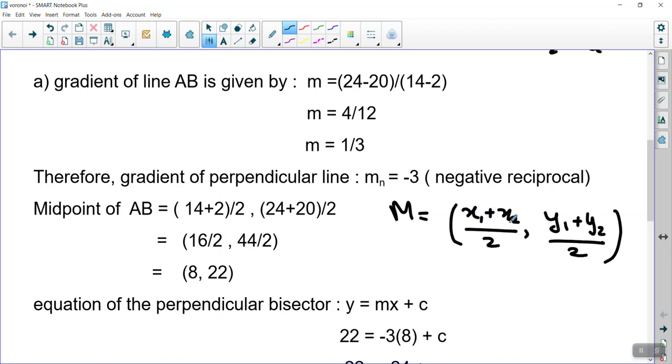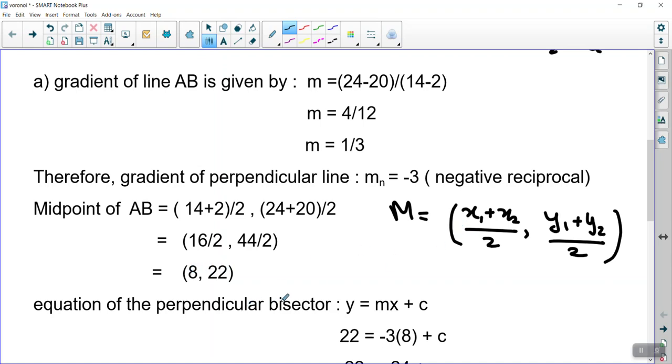Add up the x coordinates, divide by 2, add the y coordinates, divide by 2. The x coordinates are 14 and 2, which add up to 16, and 16 divided by 2 is 8. Add up the y coordinates, 24 and 20, which gives us 44, divided by 2 gives us 22. So the midpoint is (8, 22).